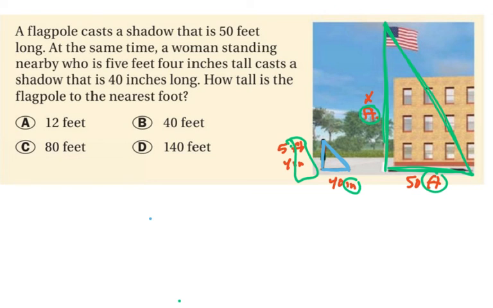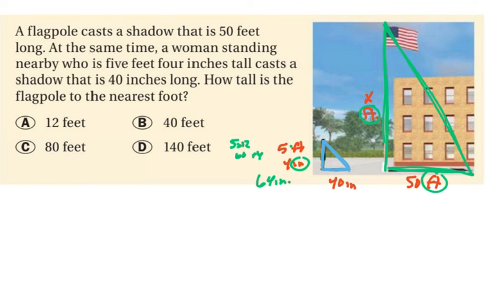Feet and inches matching with inches, not fine. This thing needs to all be in inches for the inches to match up. There are 12 inches in a foot, 5 times 12 is 60, plus the 4, she is 64 inches tall.